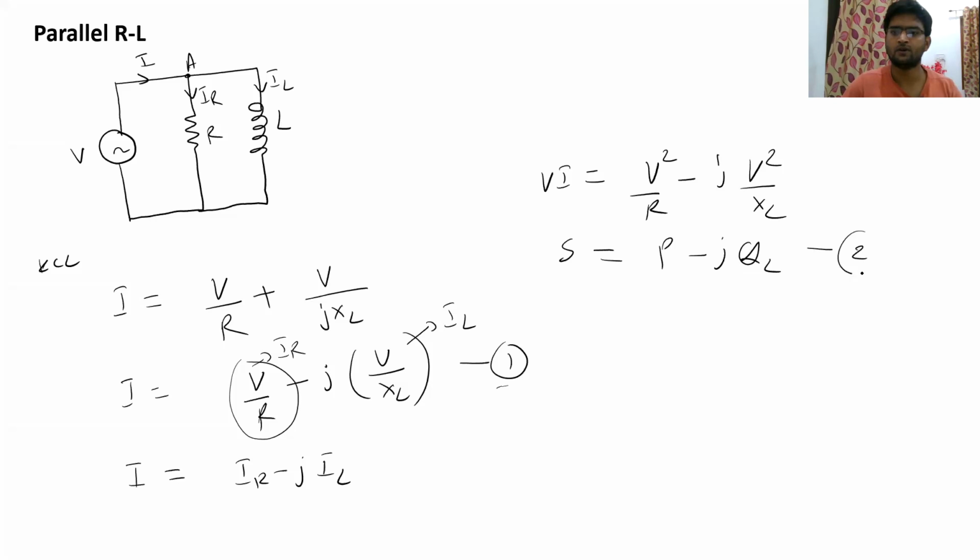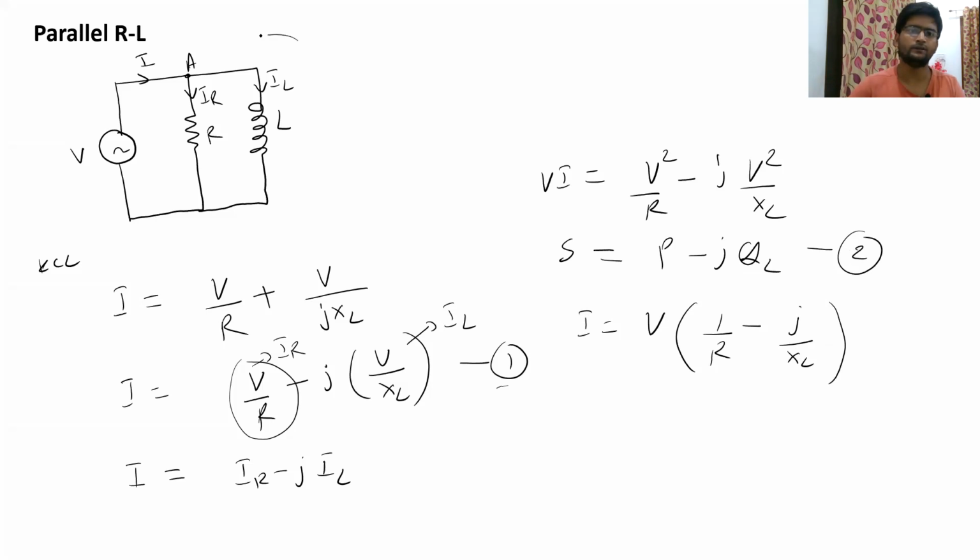So this gives our equation 2. Now again from equation 1, if we take V as common, we will get I is equal to V times (1 by R minus j upon XL).